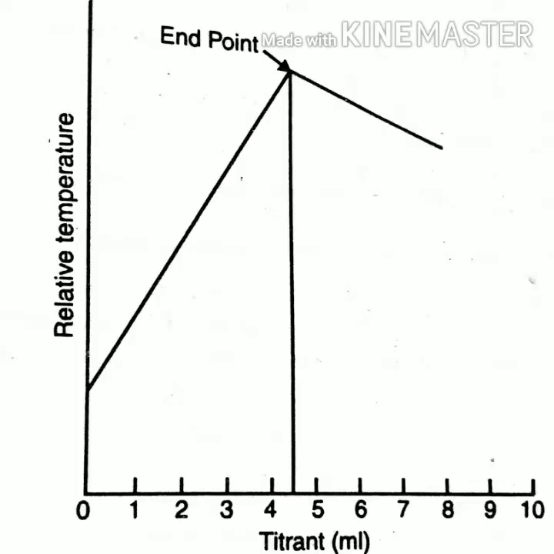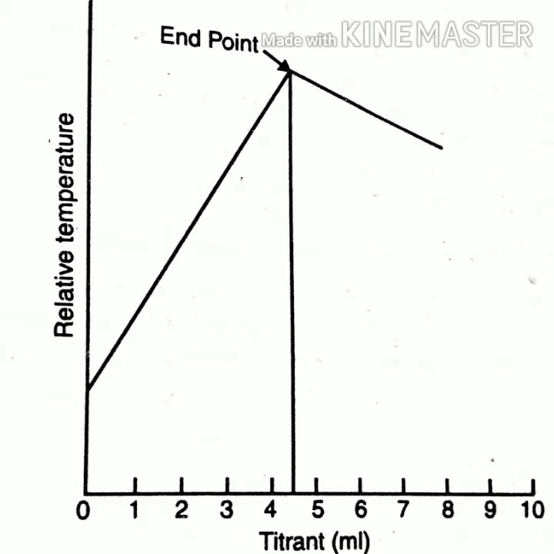Generally in simple acid base titrations, the graph is obtained from the volume of titrant added and the volume of the solution. In a thermometric graph, the x-axis is the volume of titrant added, and the y-axis is the temperature.